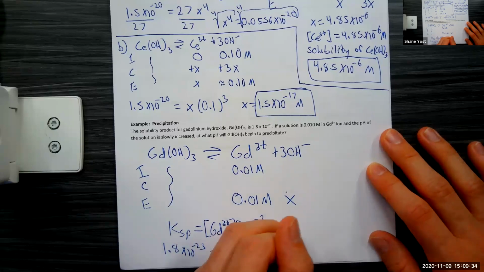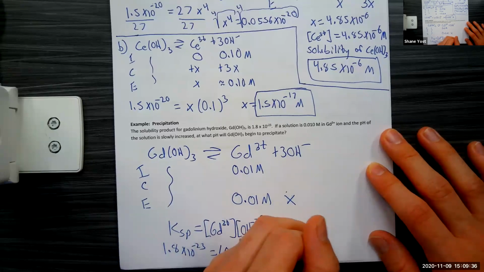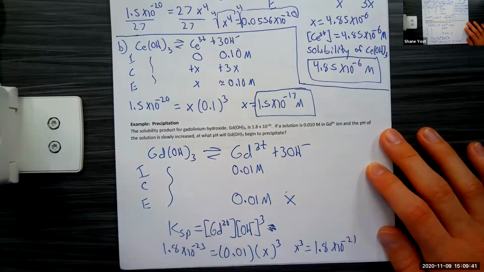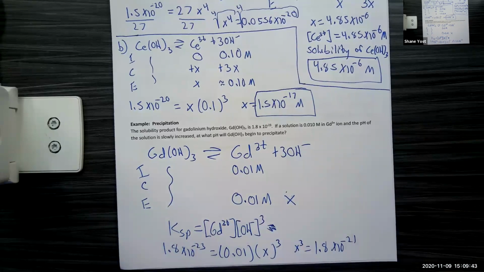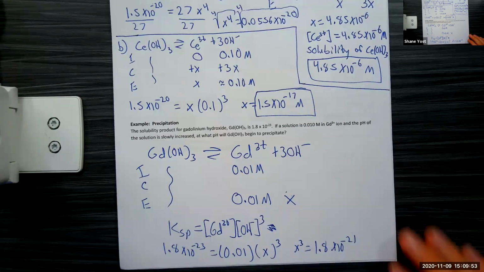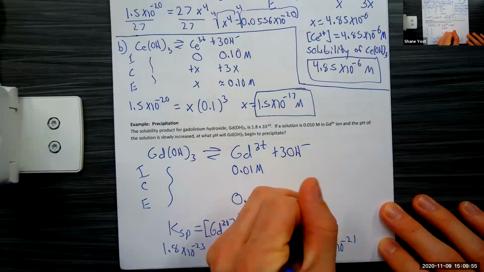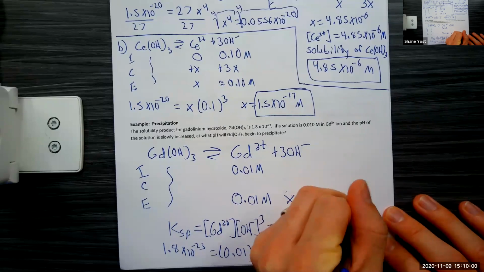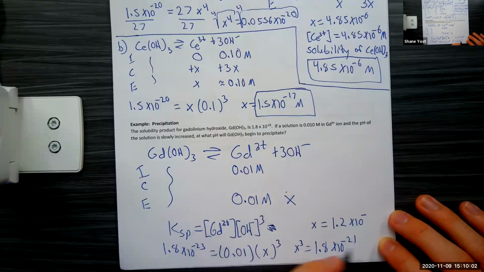And so x cubed equals 1.8 times 10 to the minus 21. If you take the cube root of this, x equals 1.2 times 10 to the minus 7.